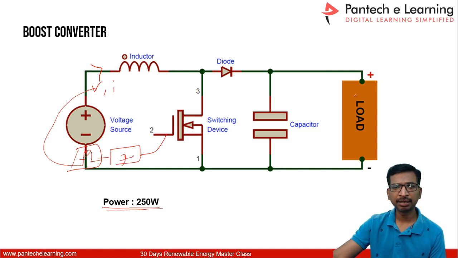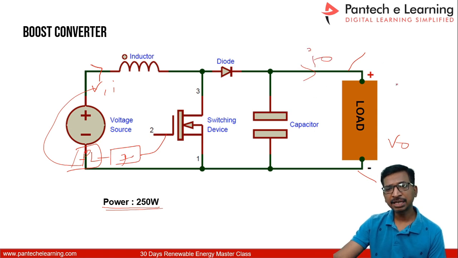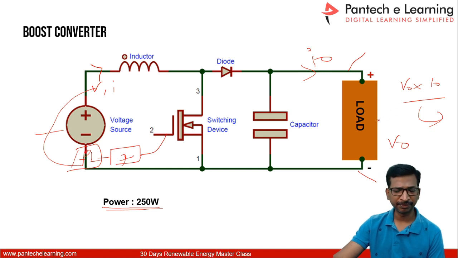Now here you can measure the output voltage and then current. This power, that is V0 into I0, must be higher than or equal to the ideal power. As much as possible it should be equal to the ideal power. Like that we can verify this.